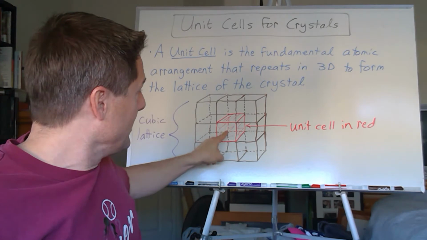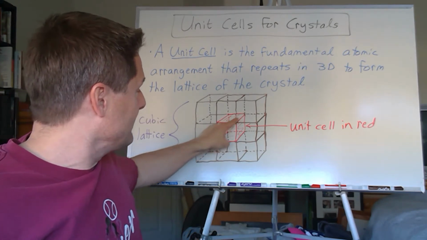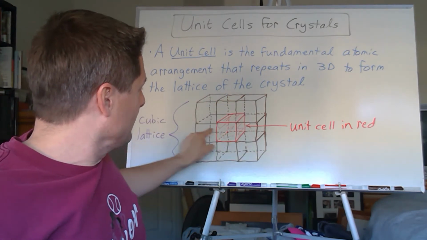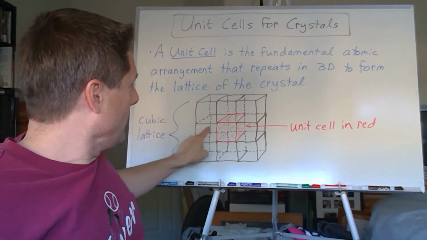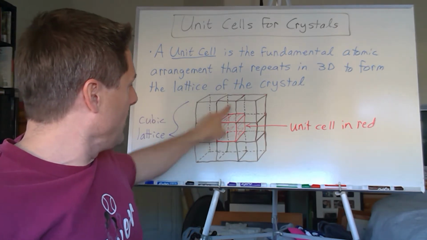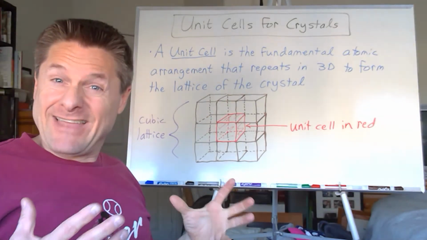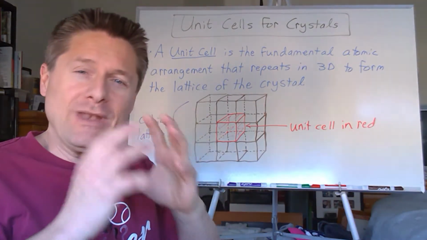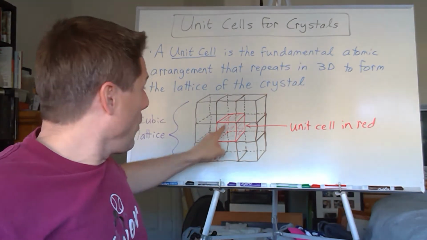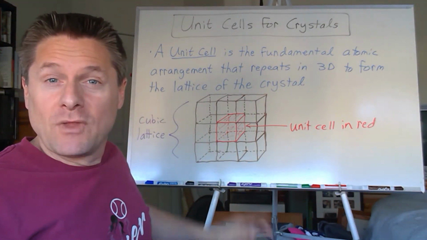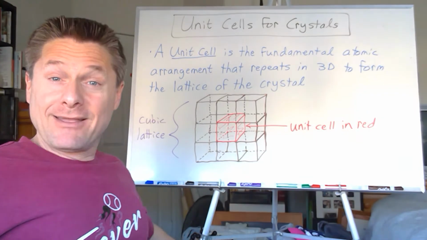So you can see how they're sharing these points here and these edges. So here it is where I've got the one here, one left, one right, one above, one below, and I can have one coming at you, one coming away from you. So can you see how that gets pretty crazy? But if we can hone in on just that unit cell and where the atoms are, we'll ultimately be able to calculate the densities.